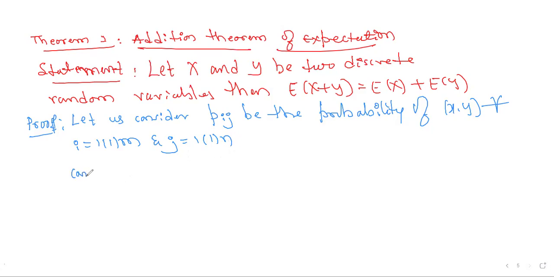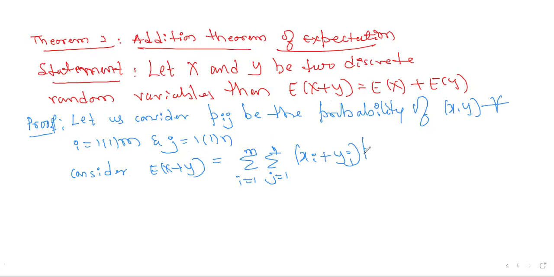So consider this LHS part, that is, the expectation of x plus y. By definition, it is the double summation, i running from 1 to m, j running from 1 to n, of xi plus yj into pij.